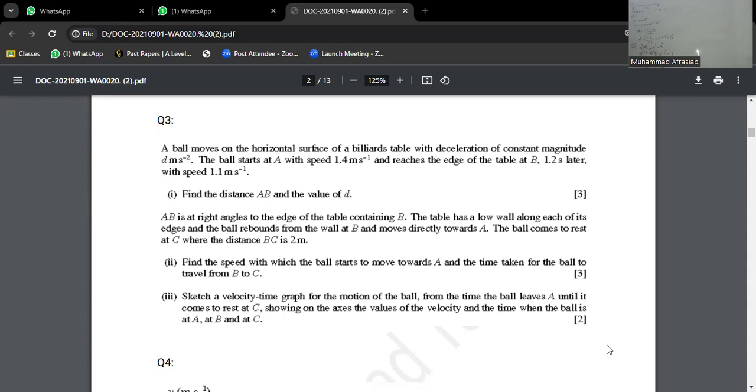Find the speed with which the ball starts to move towards A, and also the time taken for the ball to travel from B to C. And in the last part, sketch the velocity-time graph of this motion of the ball from the time that it leaves A until it comes to rest at C, marking the values of the velocity and the time when the ball is at A, B, and C.